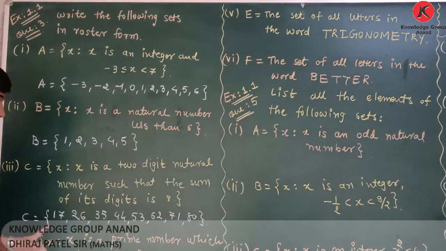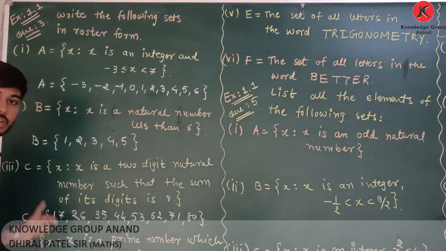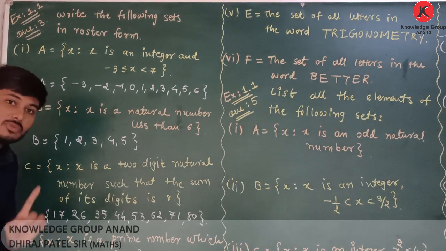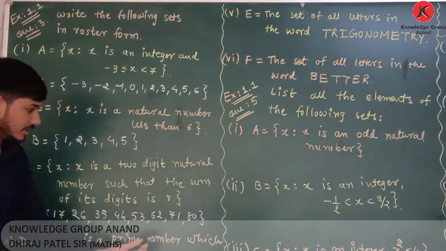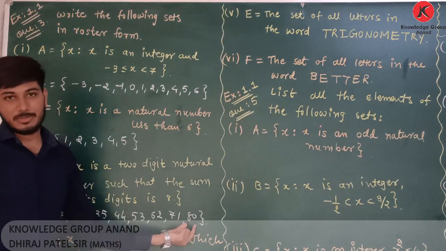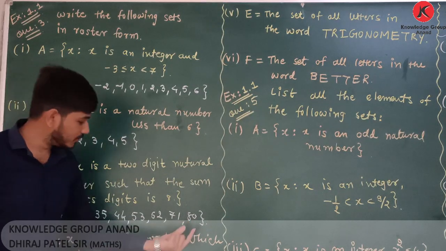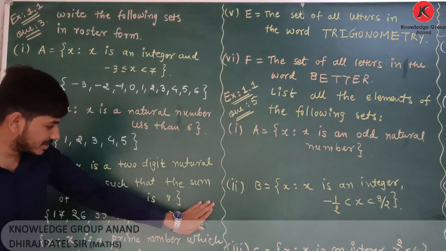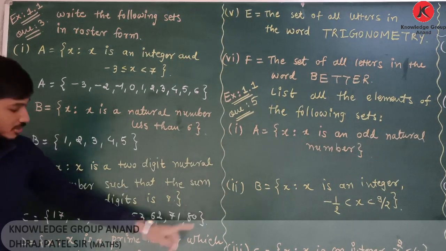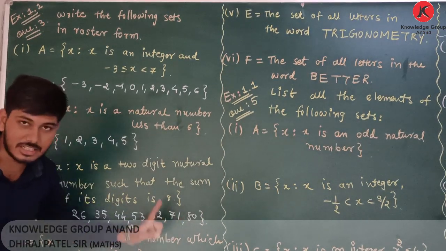Here 08 is not there, because 0 is preceding 8, therefore we can't consider this a two digit number. It is only a single digit number. But 80 is a two digit number. Therefore we have to consider 80 here. Some of the students miss this number. So carefully write 80 here.